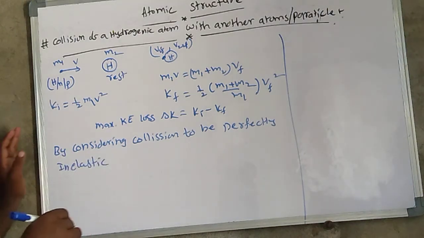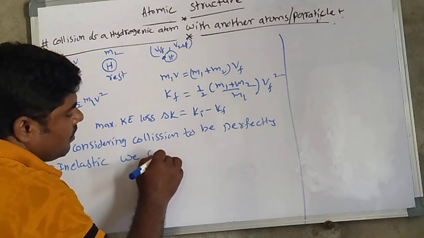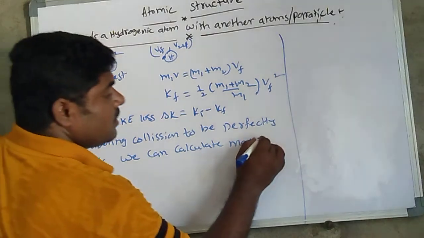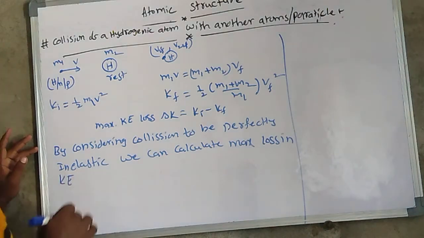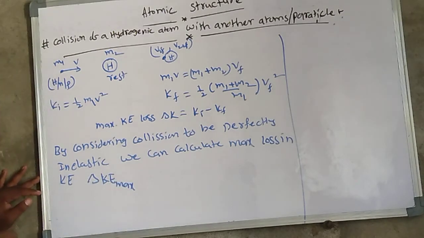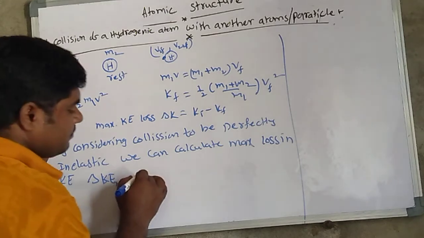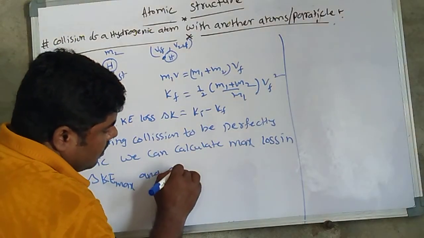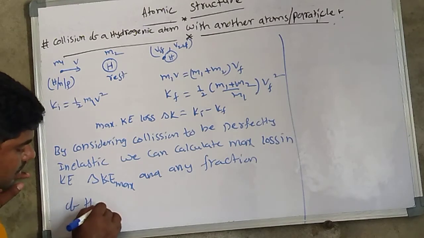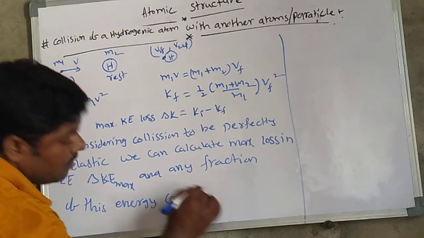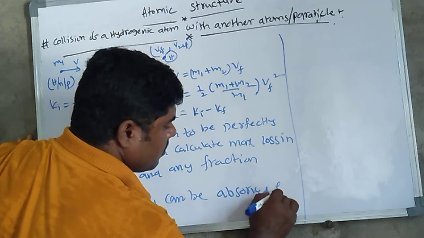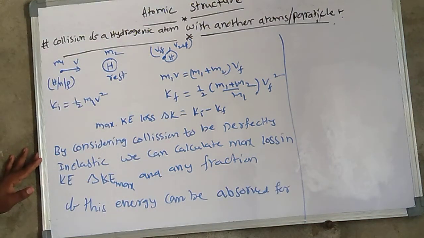We can calculate the maximum loss in kinetic energy, and any fraction of this energy can be observed for the excitation of the electron.